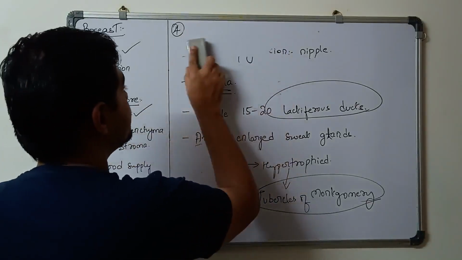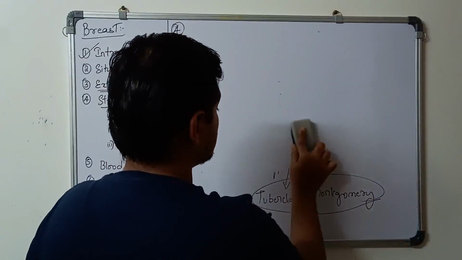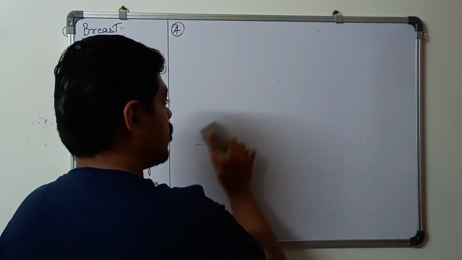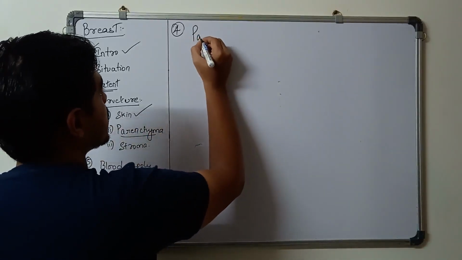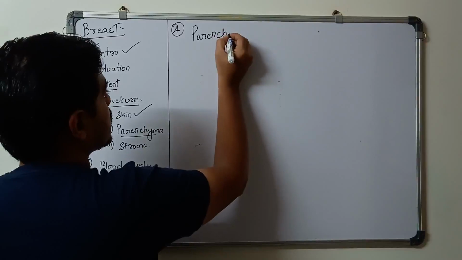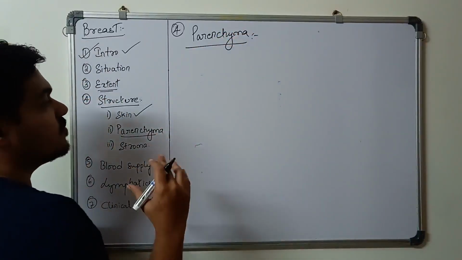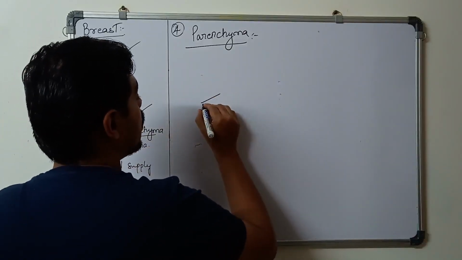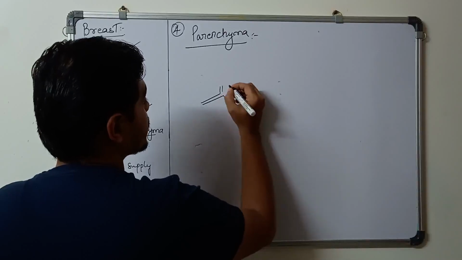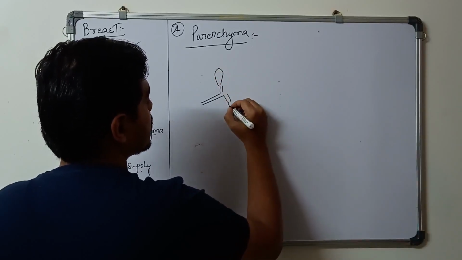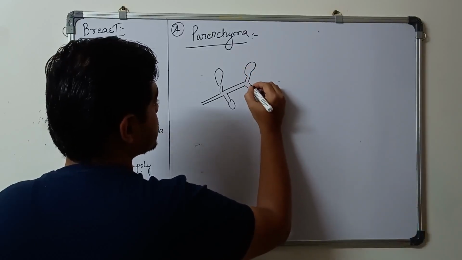parenchyma, the breast tissue. Now, let us look at the actual glandular mammary tissue, otherwise histologically called as the parenchyma. Now, each breast consists of multiple lobes of mammary tissues which have alveoli, like these.